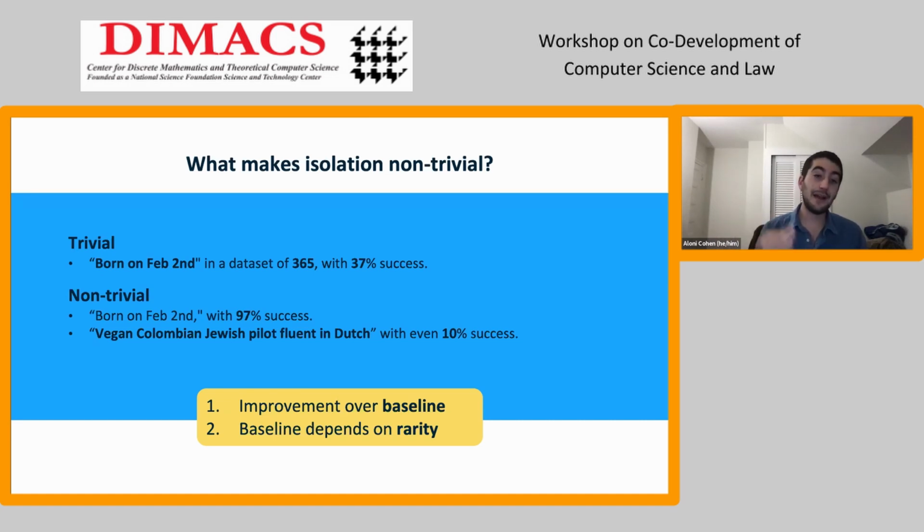There might not be a vegan Colombian Jewish pilot fluent in Dutch anywhere in the world. If you were able to, based on the output of some mechanism, conclude that there was one of those in your small database of 300 people, it would be because of the output of the mechanism. So the baseline depends on how rare this predicate is in the population.